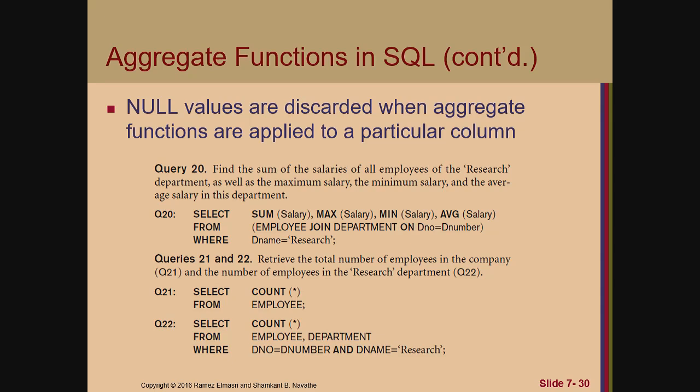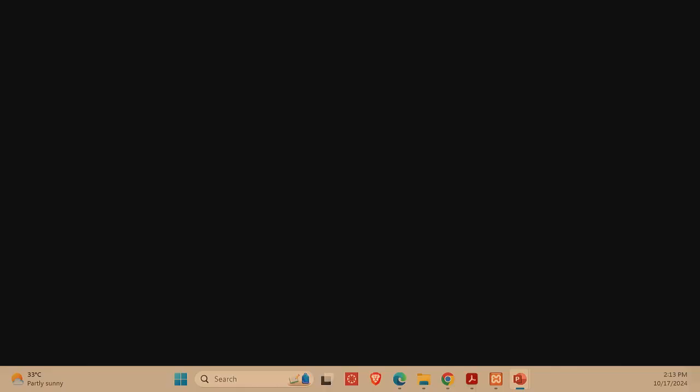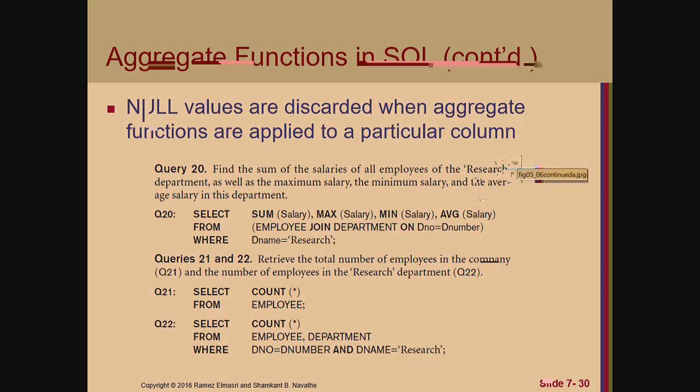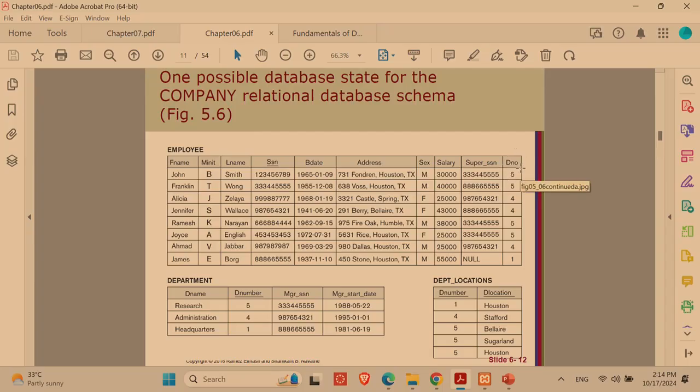Why? Because from the employee table we don't know the name of the department. We know just the department number, but the question identifies the department we want to focus on as research, and the department name information is in the department table.